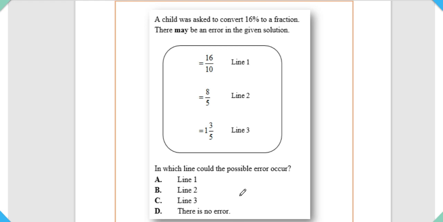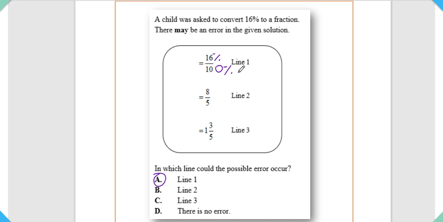So which of these lines? Here we have one option down at the bottom, D, there is no error. There is an error, guys. And the error is in line 1. How do we know that the error is in line 1? Because this is 16%, and it is to be expressed out of 100%. So this should not be 10.